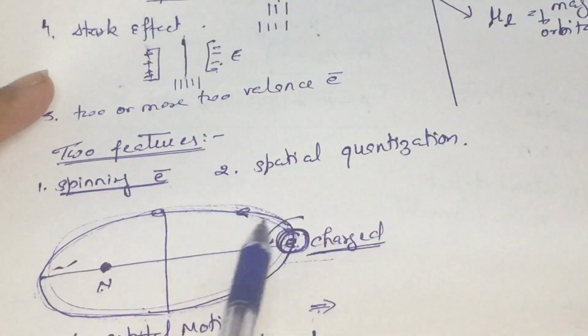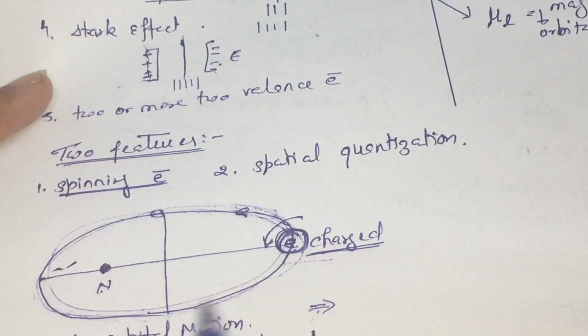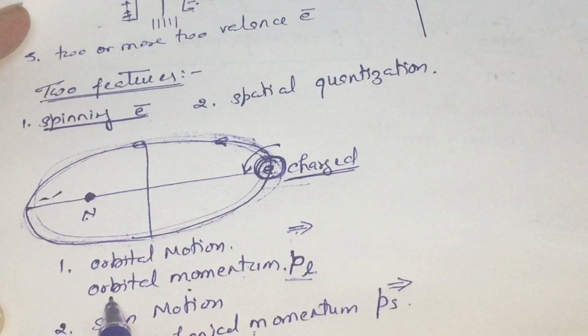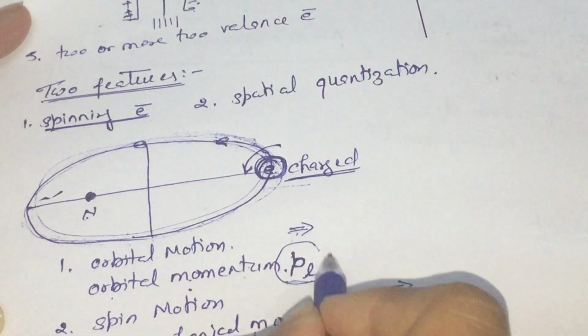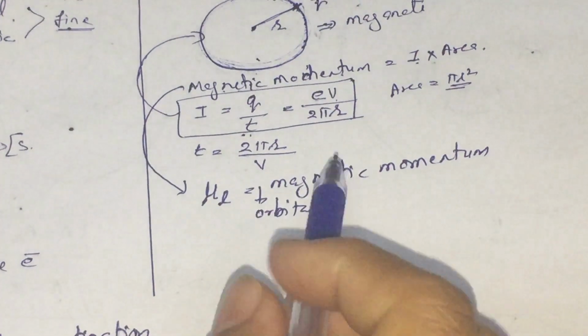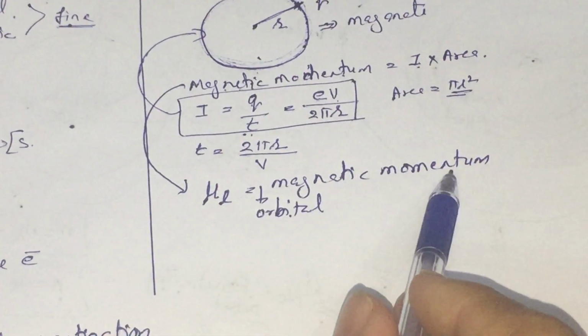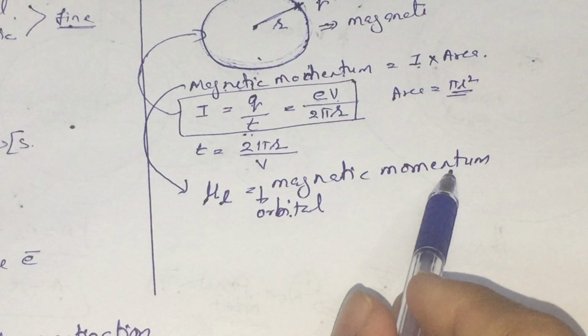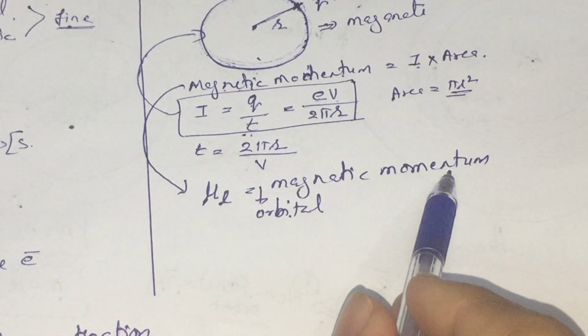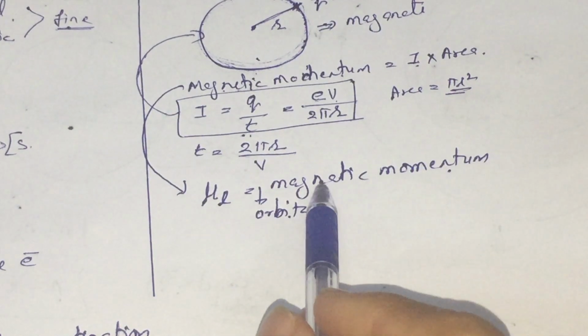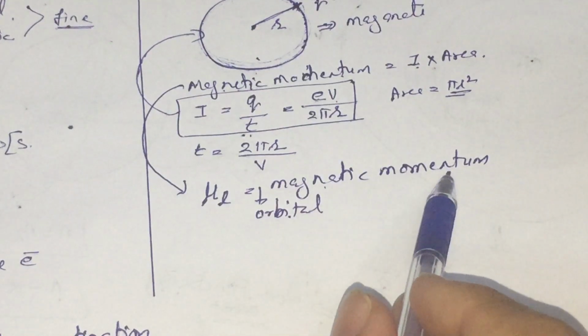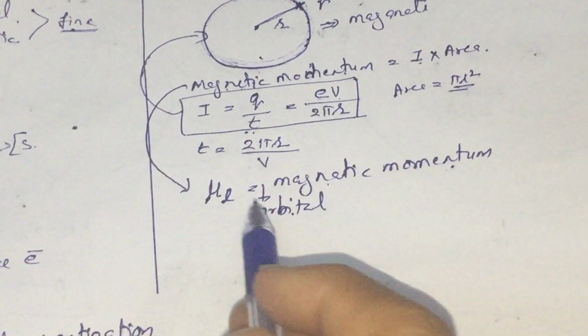Hence, corresponding to this motion, there are two momentas. One is our orbital mechanical momentum, which is indicated with the help of PL, and another is our orbital magnetic momentum, because this orbital motion is producing a small magnet.